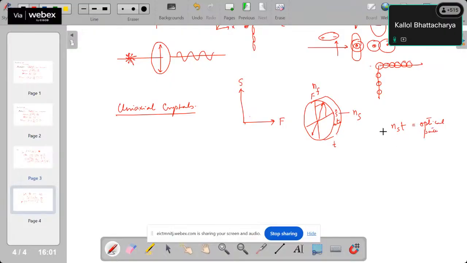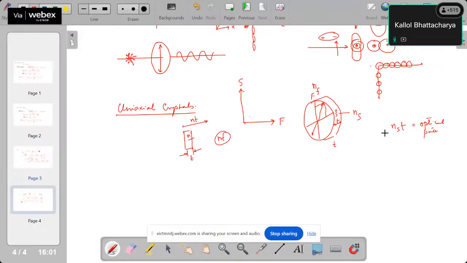That is to say, if light passes through a medium of index n with a thickness t, the optical path is n into t, which is to say that if it were to travel in air, it would have traveled a distance of nt in the same time as it traveled through the material.